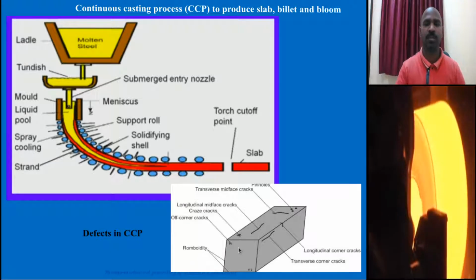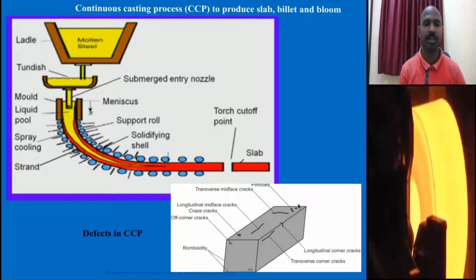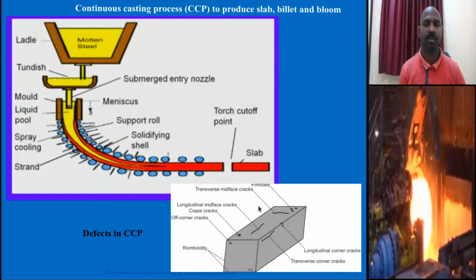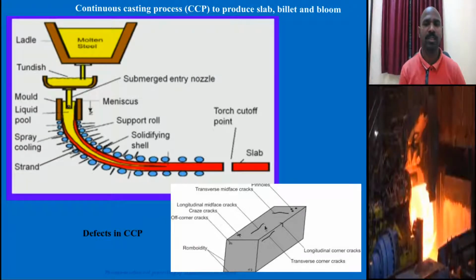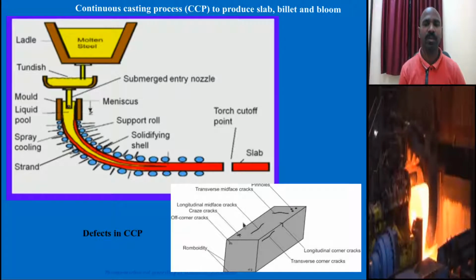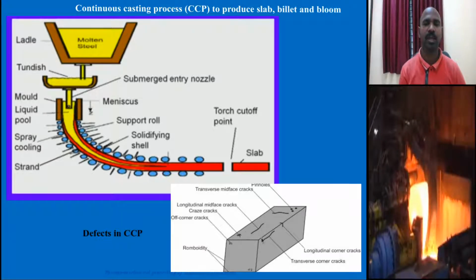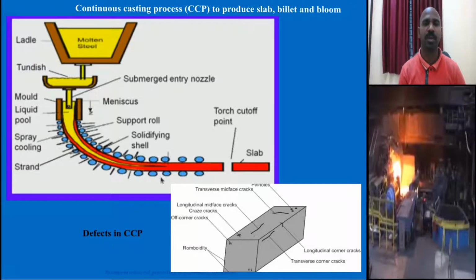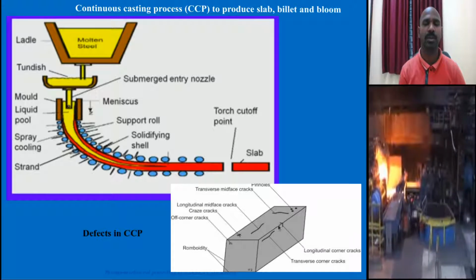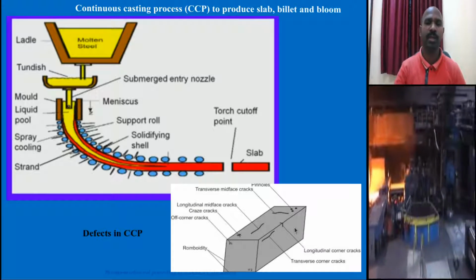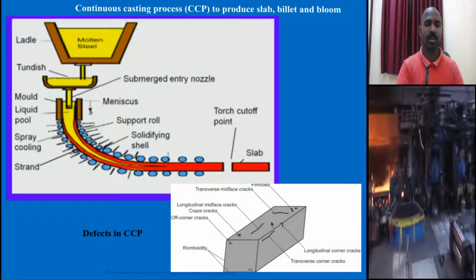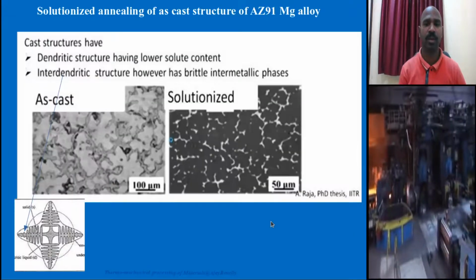They could be rhomboidal shape, oval shape, and pinholes, oxides, transverse direction cracks, longitudinal direction cracks, off-line cracks, off-corner cracks. These are the defects that come out. You cannot use this defective casting product as it is. You need to remove these casting defects.